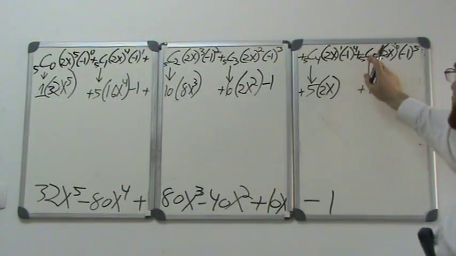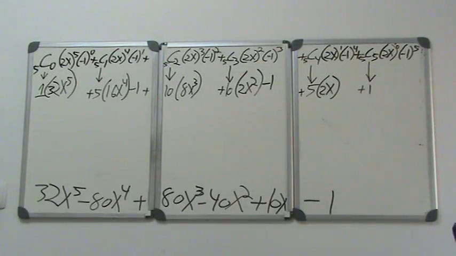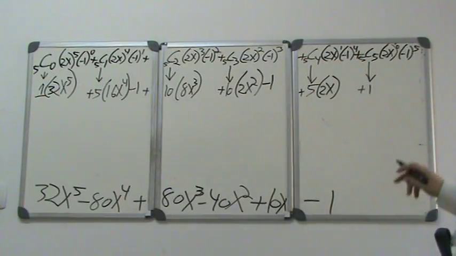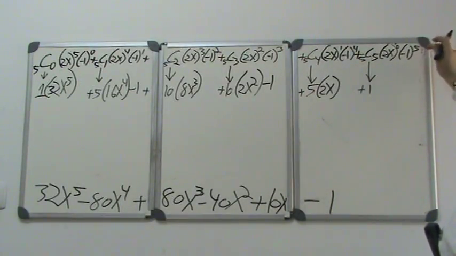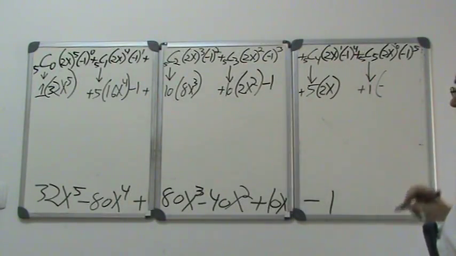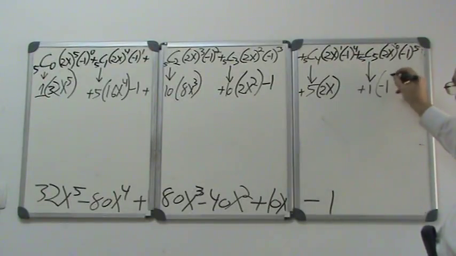Plus 5 combination 5 is equal to 1. 2x to the 0 power is just 1, because anything to the 0 power is 1. Negative 1 to the fifth power, it's a negative to an odd power, so it's a negative 1.